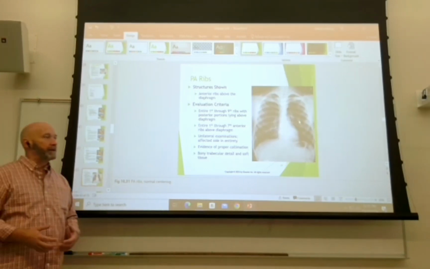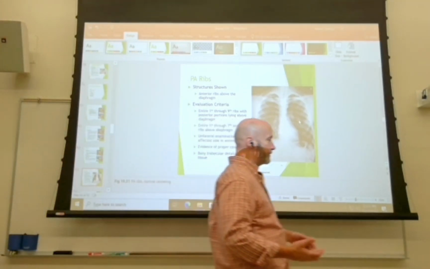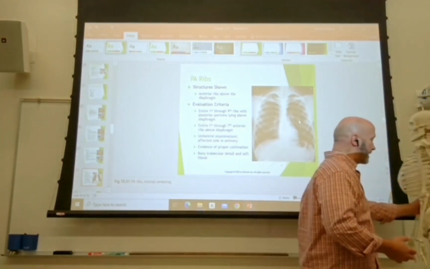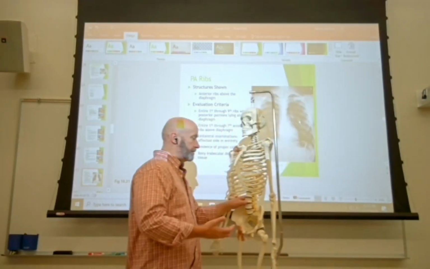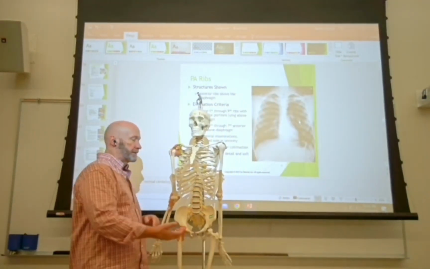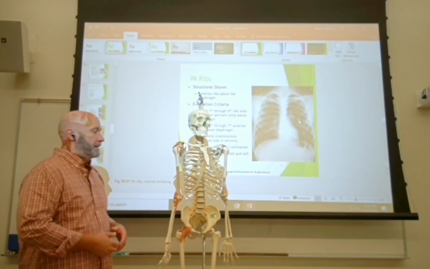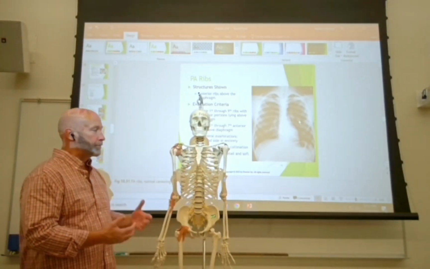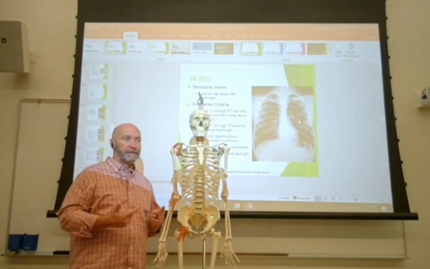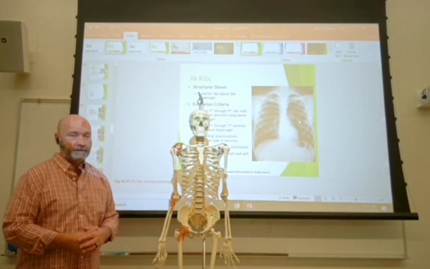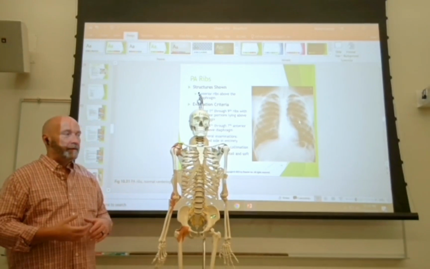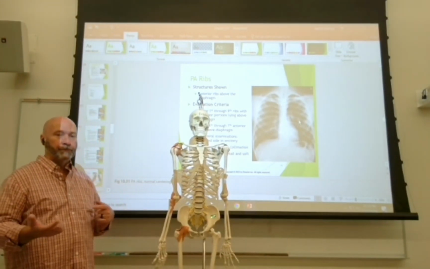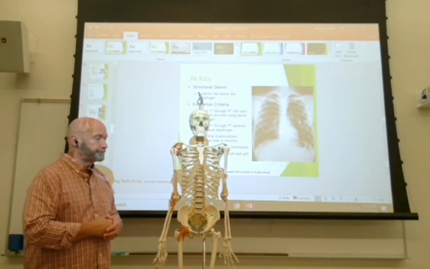All right, so whenever we're taking ribs, we want to visualize all of the ribs. The problem is on a PA chest x-ray, what we're going to see is 10 posterior ribs, and most of the time it's just going to be partial. The problem with rib x-rays is that the patient can't breathe in as deeply as you would like for a chest x-ray.